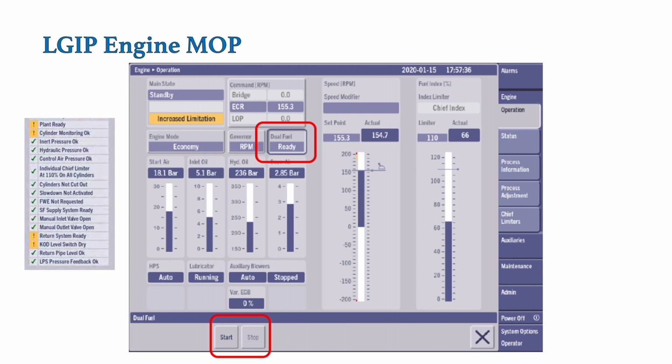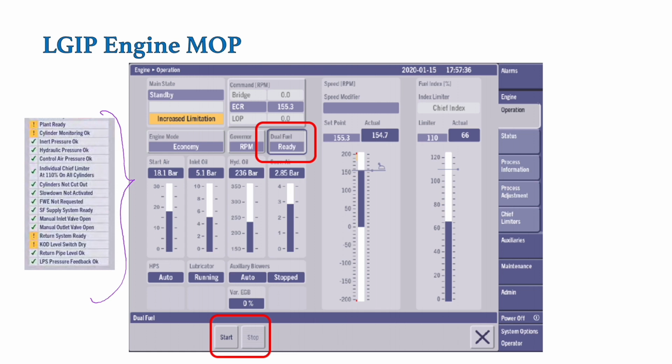So when we want to change over the main engine from primary fuel to secondary fuel mode, at that time we have to fulfill various conditions, as you can see over here. These are the conditions which are to be met, then only we will be able to change over the engine from primary fuel to secondary fuel mode.